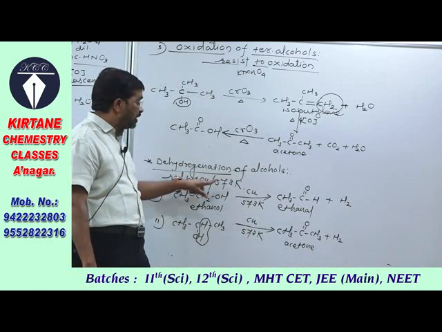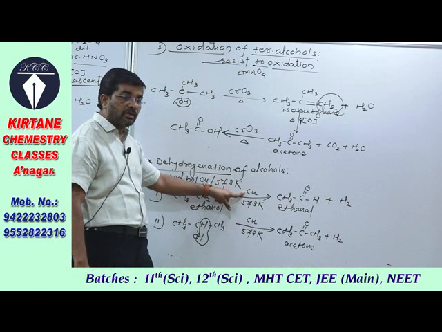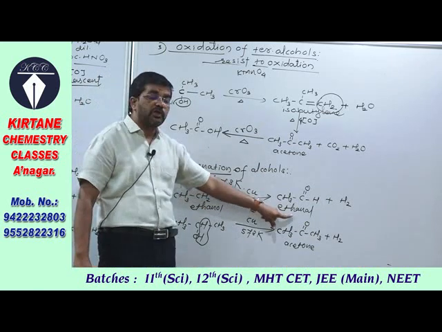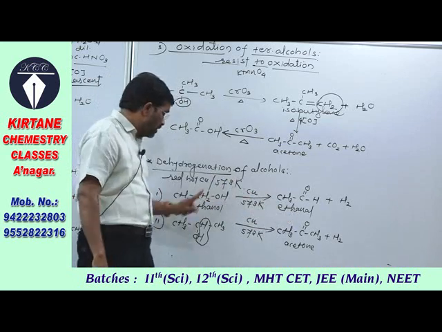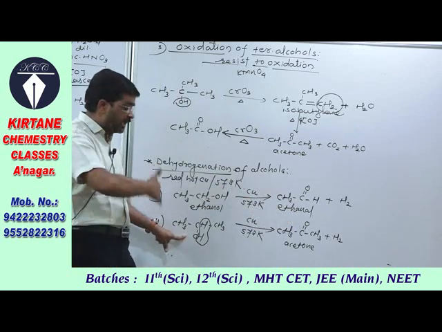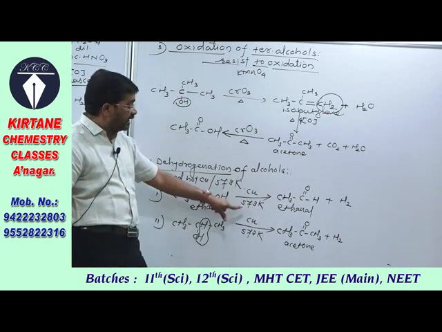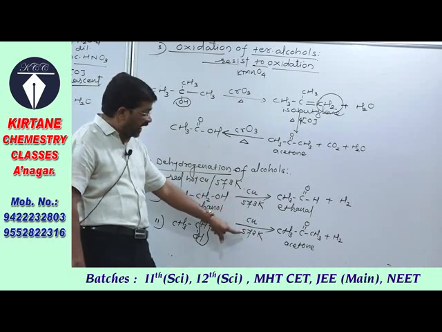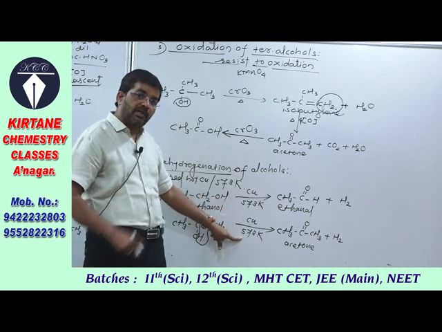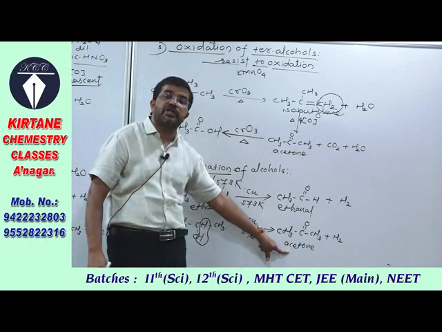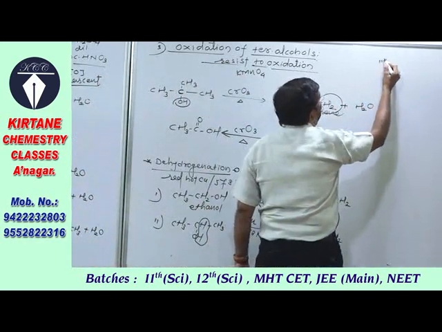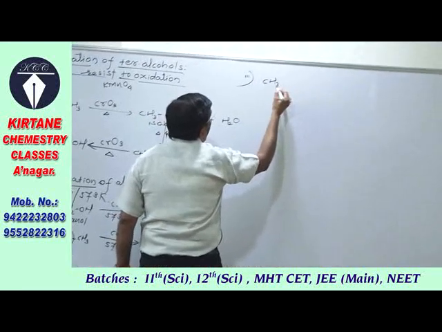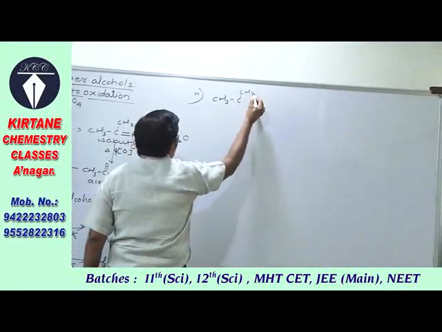Ethanol on heating with red hot copper at 573 Kelvin gives acetaldehyde; it undergoes dehydrogenation. Isopropyl alcohol किंवा secondary propyl alcohol on heating with red hot copper at 573 Kelvin undergoes dehydrogenation, that is oxidation, gives acetone. And here the last example, that is tertiary butyl alcohol.